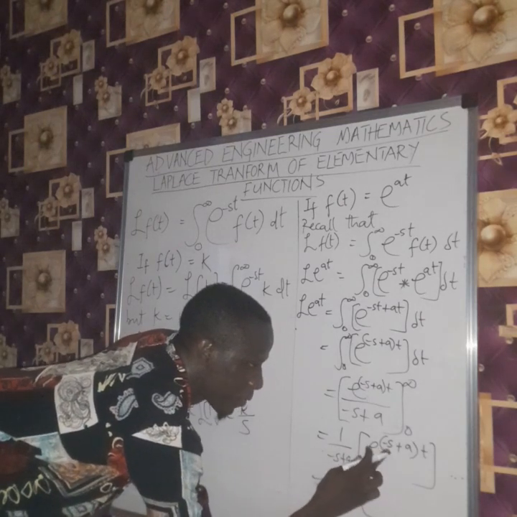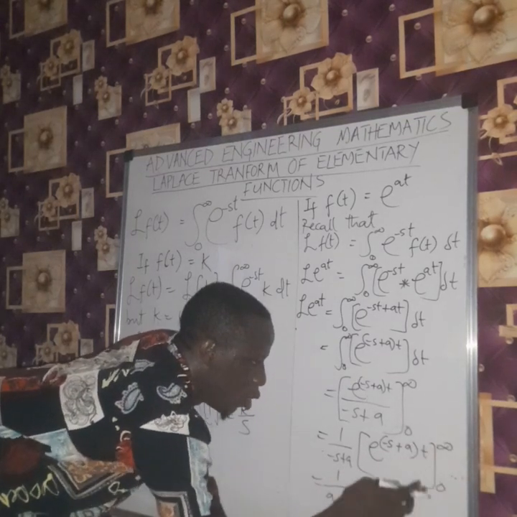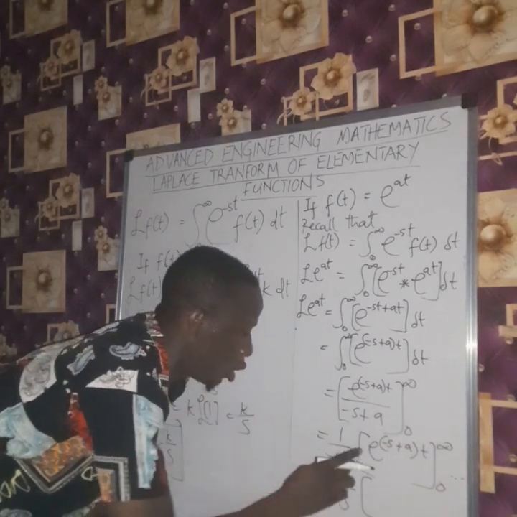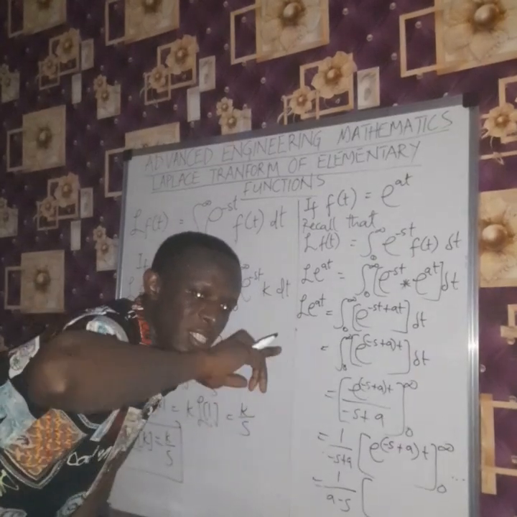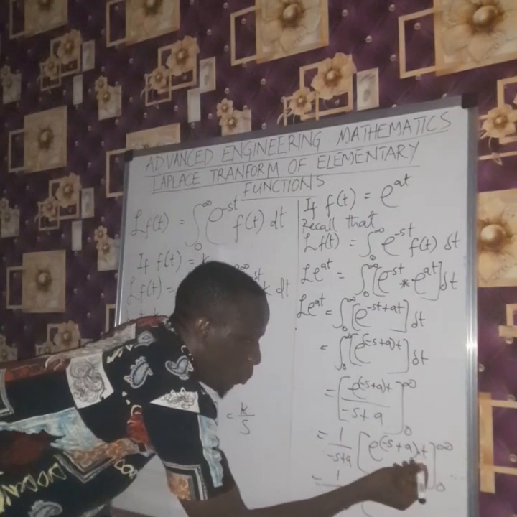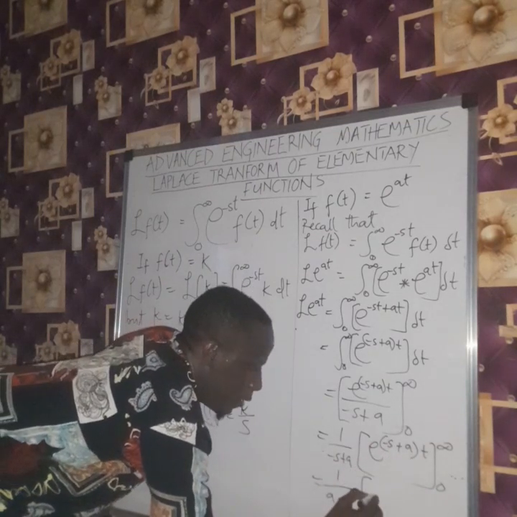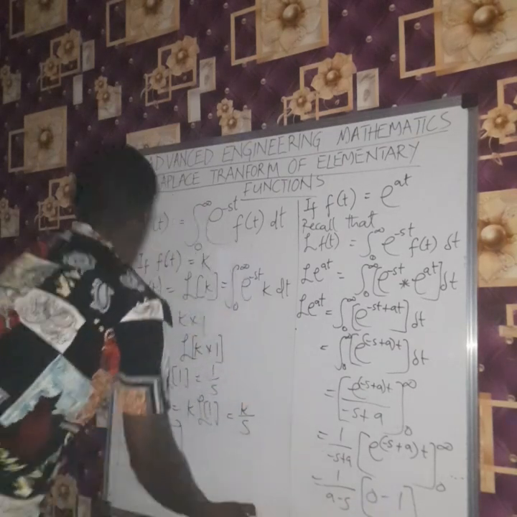So I'm going to introduce my infinity and 0. When I put the infinity here, the same assumption we used for that first one, where e raised to the power minus s t, since the t is replacing there now, we should have this as 0. So we have 0 minus 1, the same thing that happened in the previous example.